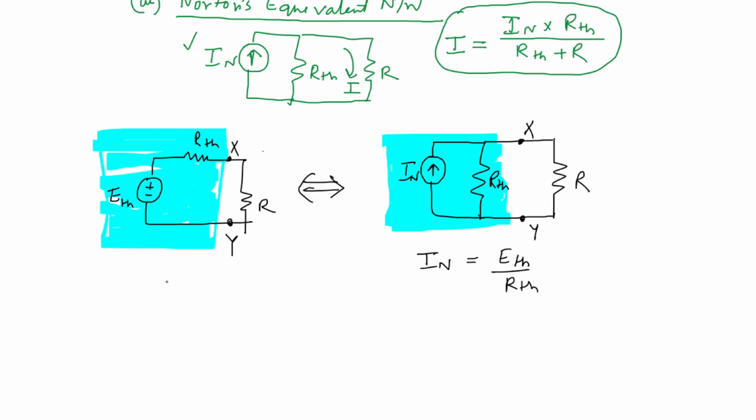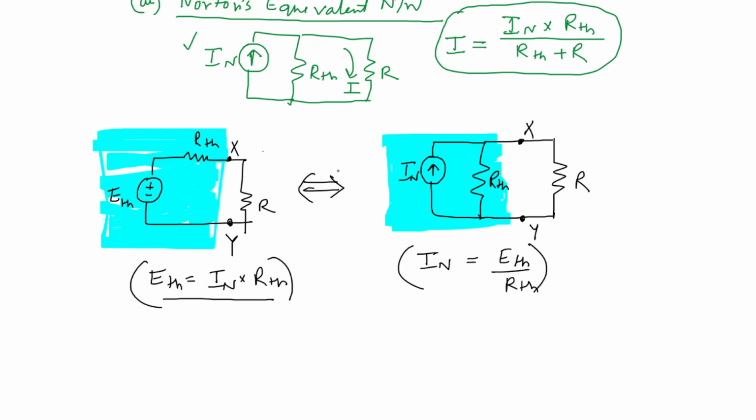Similarly, if you follow the same technique, your ETH should be equal to IN into RTH. So that is why Norton current and Thevenin resistance are related with this relation: Thevenin voltage is equal to Norton current into Thevenin resistance.